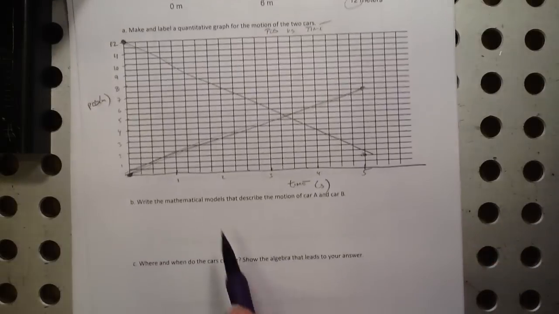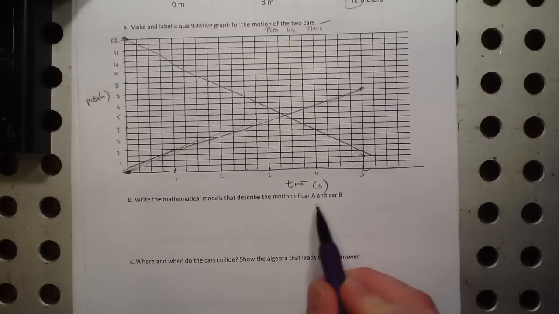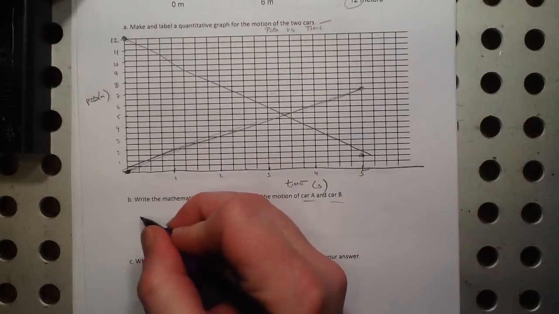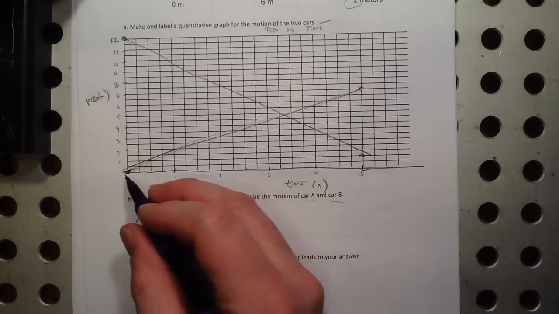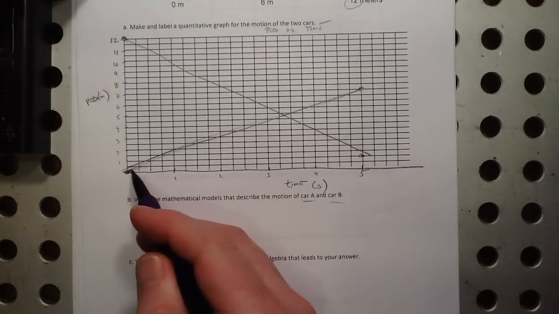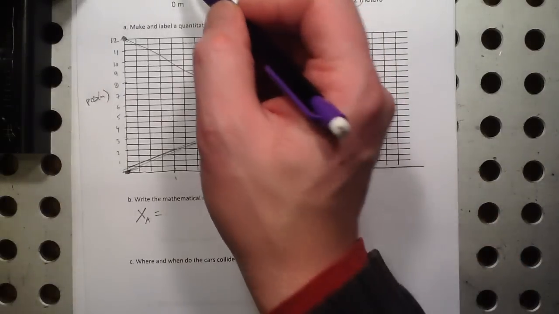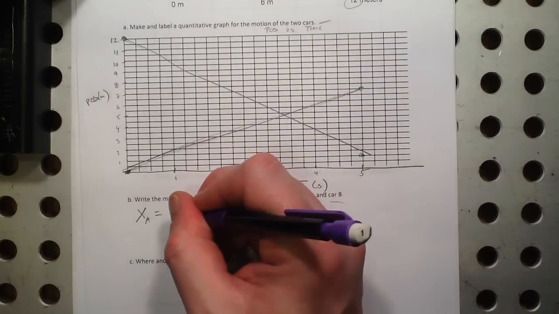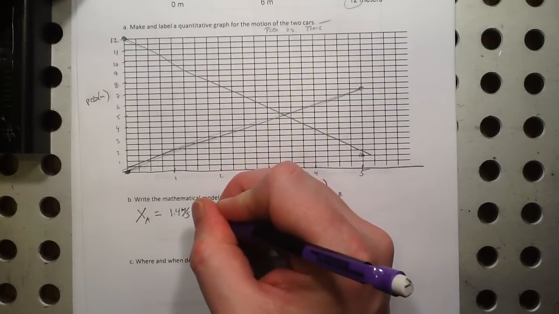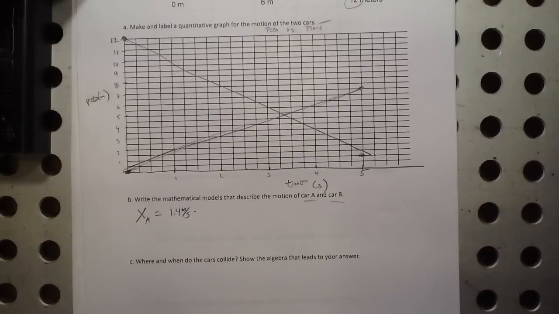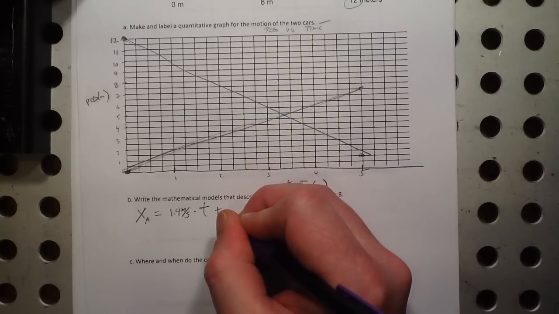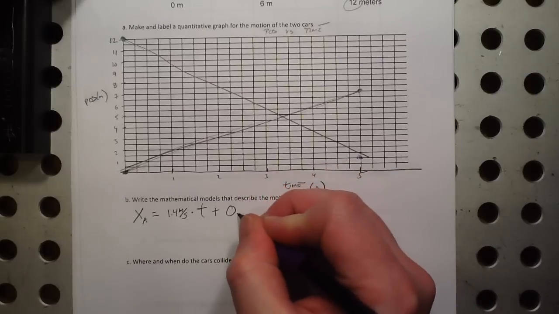Now, write the mathematical models that describe the motions of cars A and B. That just means the equations of these lines. So the position of car A, let's see, what's the equation for this line? It has a slope of 1.4 meters per second times time plus a y-intercept of 0 meters.